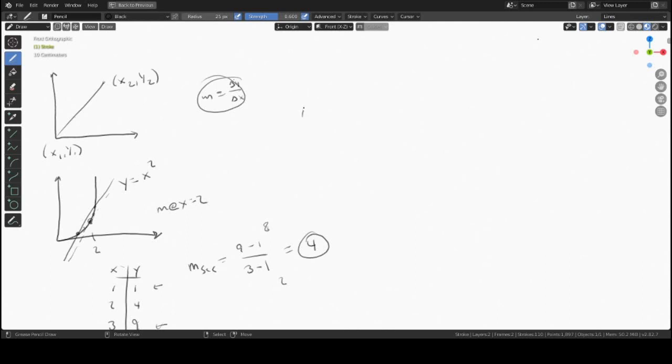So the definition, we'll call it m tan for now, is equal to the limit as h approaches 0 of f of x plus h minus f of x, divided by x plus h minus x.